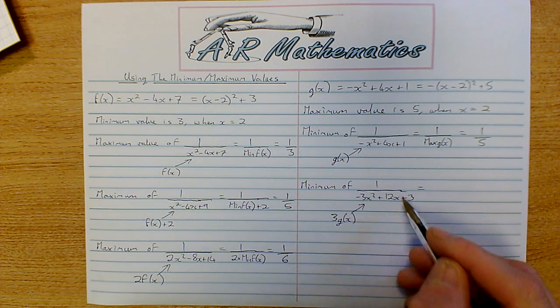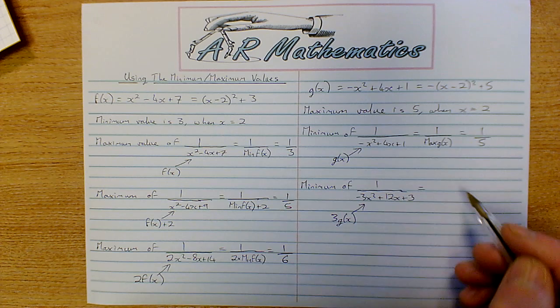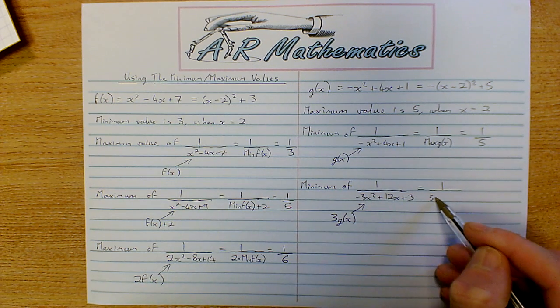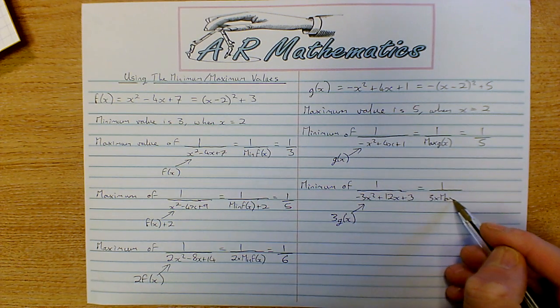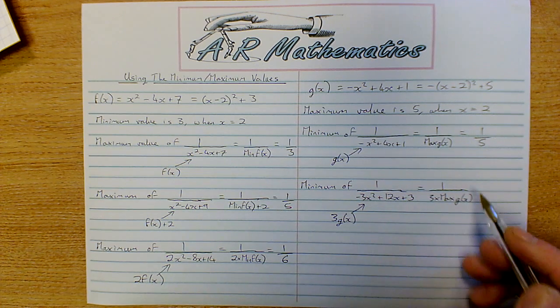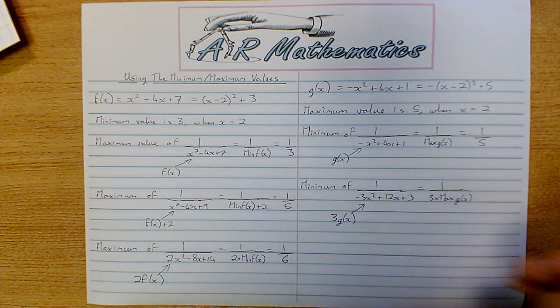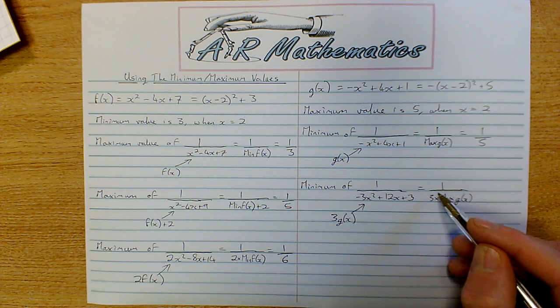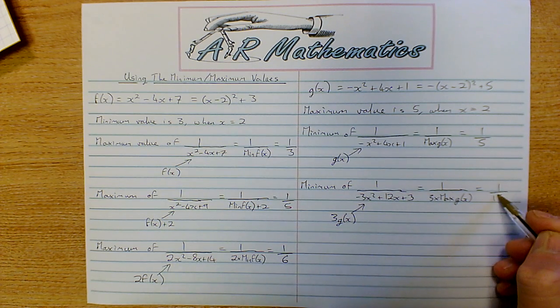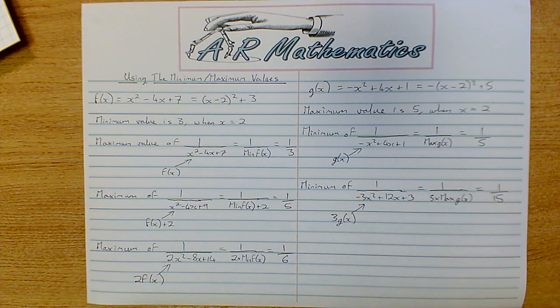So if I want the minimum of this division, I want it to be divided by the largest possible term that I can. So I need to do 3 multiplied by the largest possible, so the maximum of g of x, and the maximum from g of x was 5. So I do 1 over 3 times 5, which gives me 15. So I get 1 over 15. And that's it.